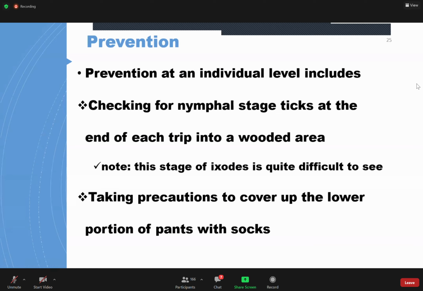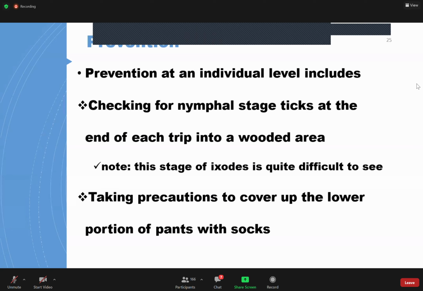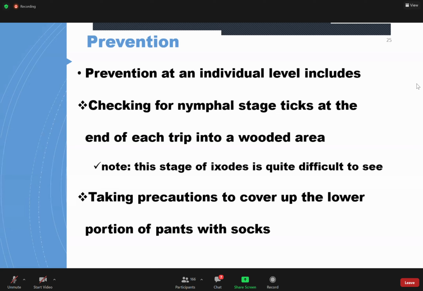They're just the size of a pinhead. So you may not notice that they are there, and then you come back inside, they are stuck to the seam of your pants and what have you, and they feed for a very long time. They need that long period of feeding to transmit the parasite. So you have to actively check for these agents when you come back from a wooded area.